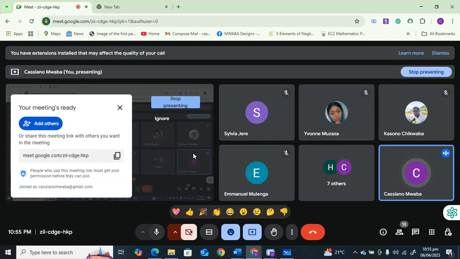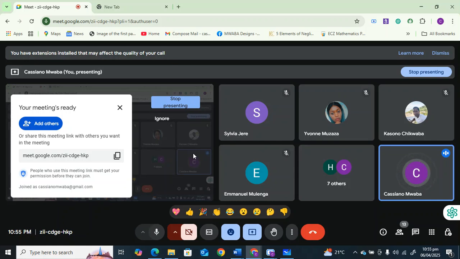Then the alternative hypothesis goes against the null. It's the opposite. So if the null is saying "is," the alternative is going to say "is not." If the null says less than, the alternative will say greater than. Just know that the alternative is the opposite of the null.